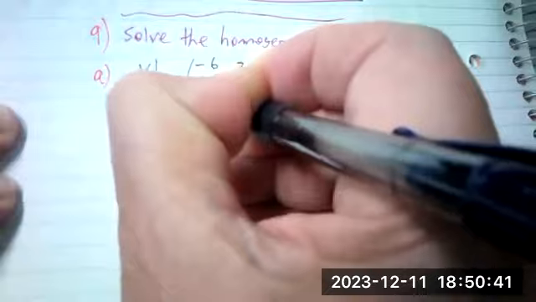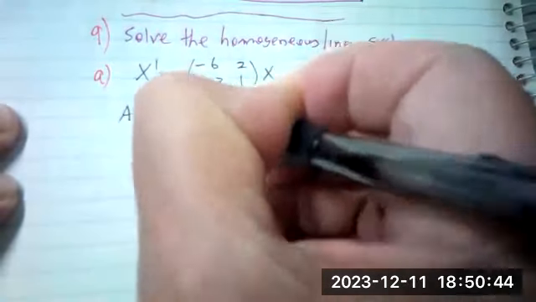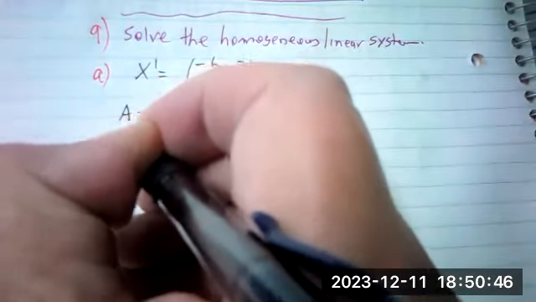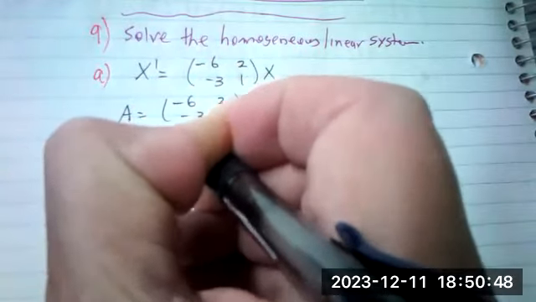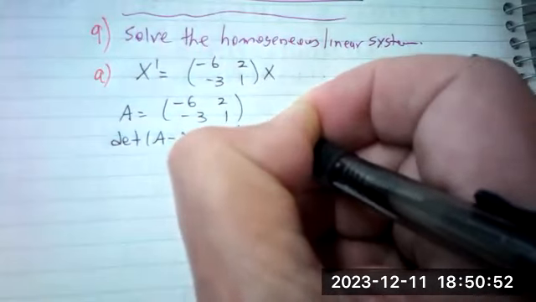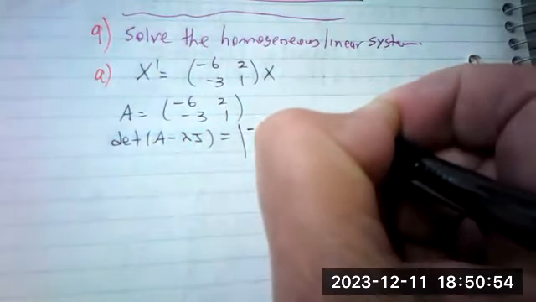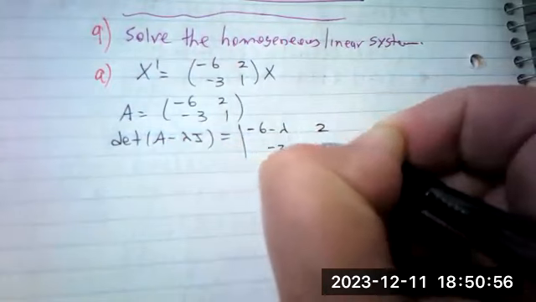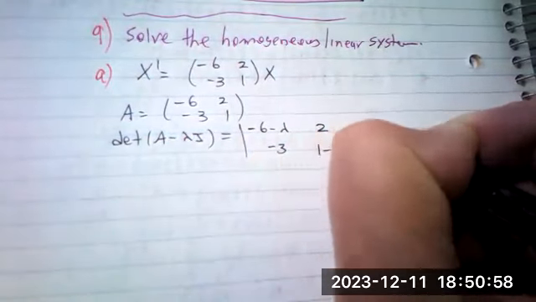So A is negative 6, 2, negative 3, 1. We have to form the determinant of A minus lambda I, which is negative 6 minus lambda, 2, negative 3, 1 minus lambda, and make it 0.